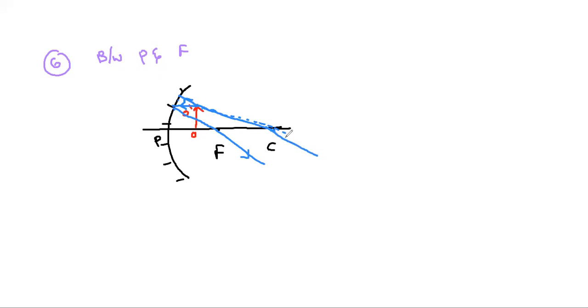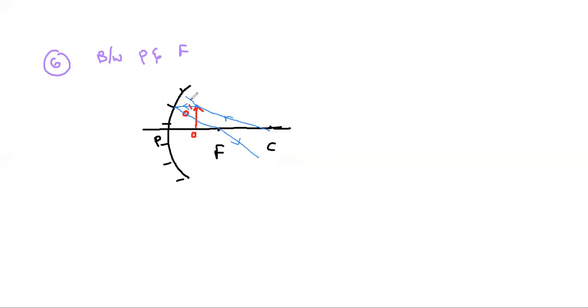Once again I am drawing, children, listen carefully. The first thing is the ray which is passing parallel to the principal axis; after reflection, it will pass through the focus. This is the first ray. Coming to the second, I am taking the ray which is passing through the center of curvature.